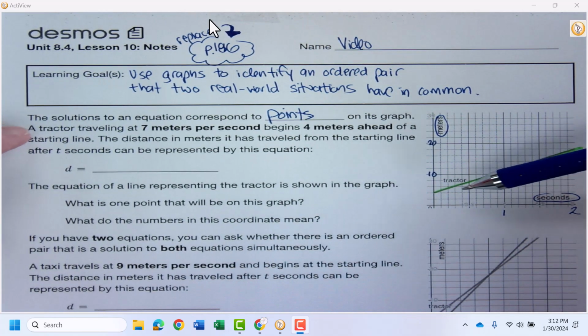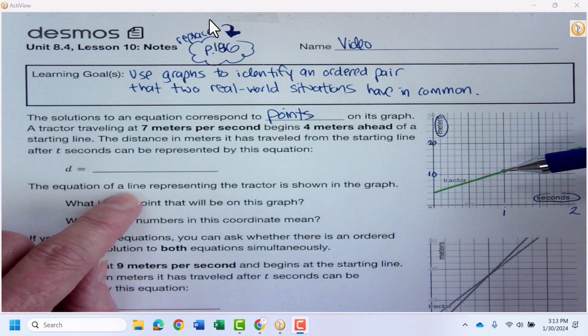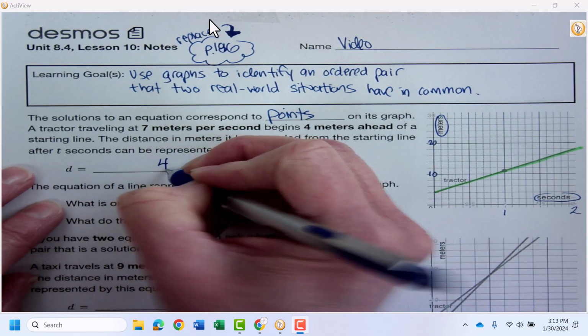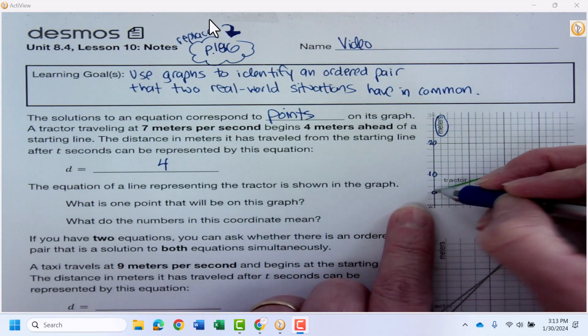So a tractor traveling 7 meters per second begins 4 meters ahead of a starting line and then travels 7 more meters every second. And the distance in meters it has traveled from the starting line after t seconds can be represented by this equation. I want to remind you of how we write equations. Starting points are like the y-intercept. That's the 4 meters.